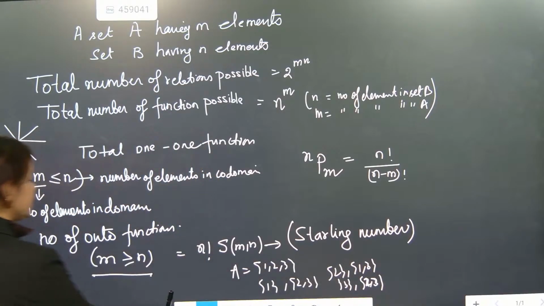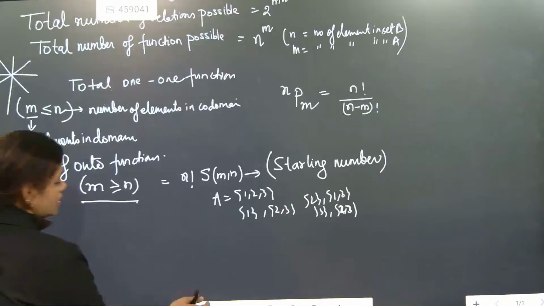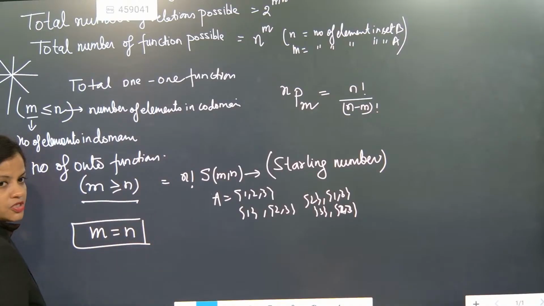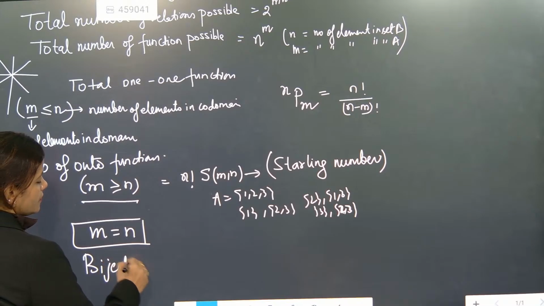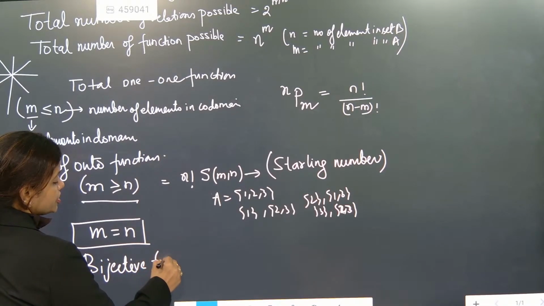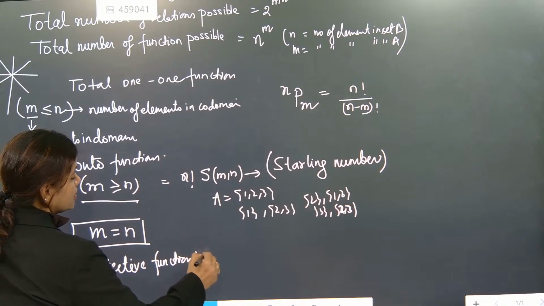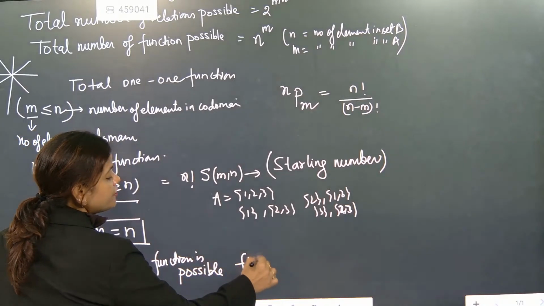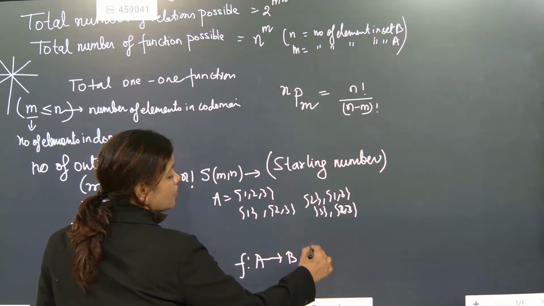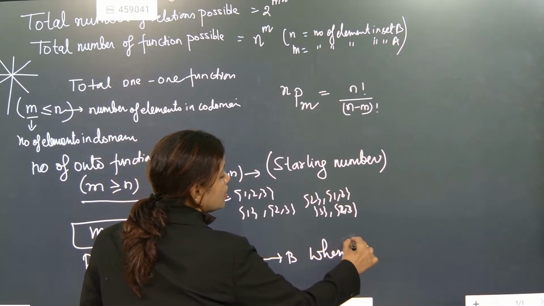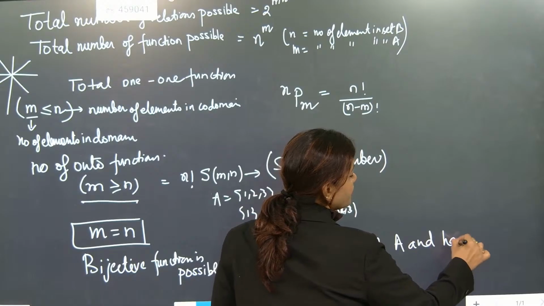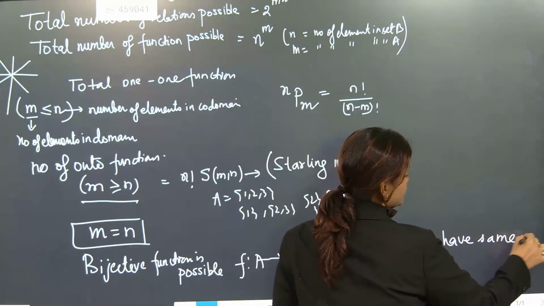But for a bijective function, what is the situation? When is a bijective function possible? A bijective function is possible for a function f from A to B when both A and B have the same number of elements.